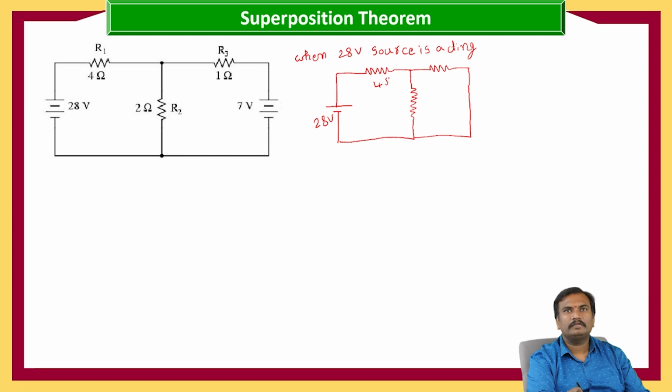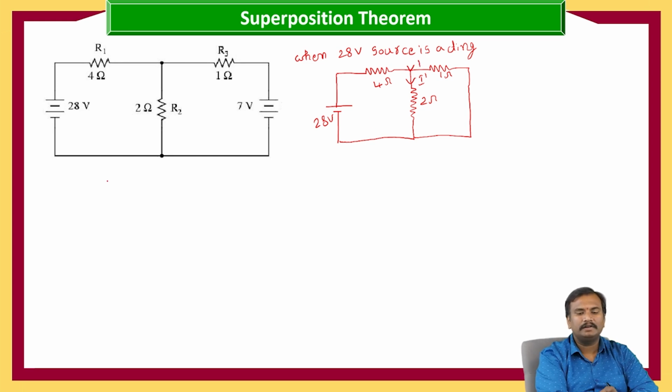Here 4 ohms, 1 ohm and 2 ohms. Now we need to calculate the current. Let us consider this as I dash. In order to calculate I dash, either you can go with mesh or nodal. Let us go with the nodal method. That is V dash, let us consider.